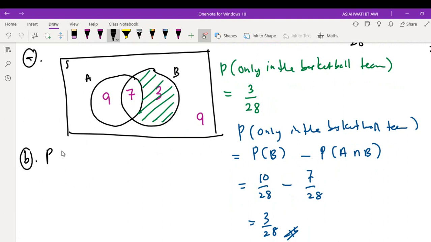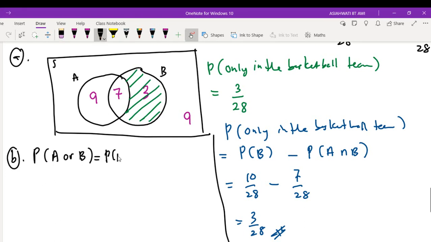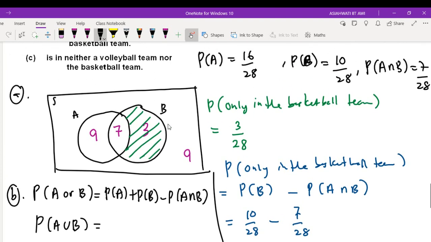Either in the volleyball team or the basketball team equals the probability of A plus the probability of B minus the probability of A intersect B, or the probability of A union B. This is equal to 16 over 28 plus 10 over 28 minus 7 over 28.